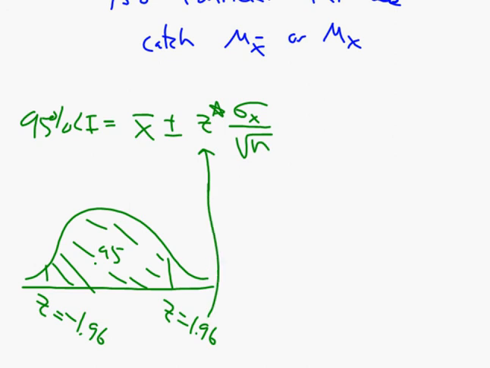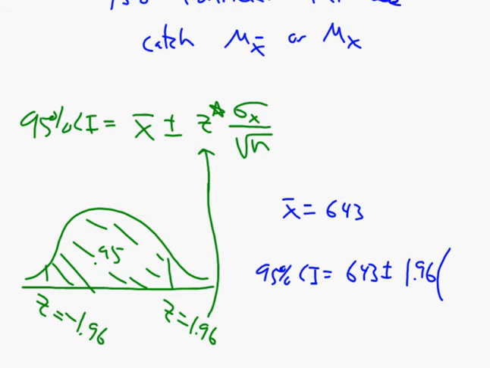So here's what our confidence interval would look like for the specific x bar of 643. Our 95% CI would equal 643 plus or minus 1.96 times 94.89 over the square root of 30, because that was our sample size.